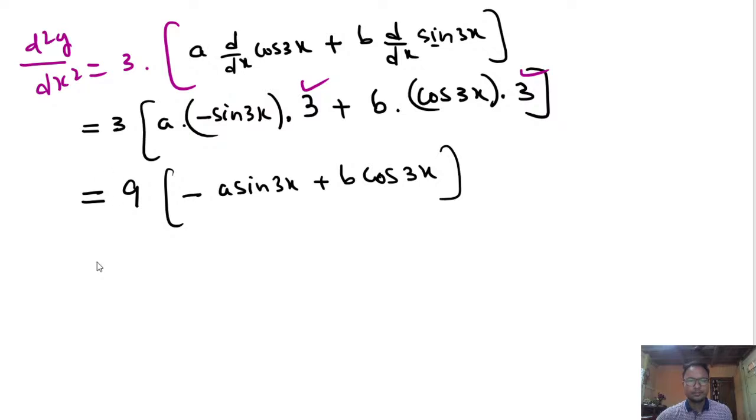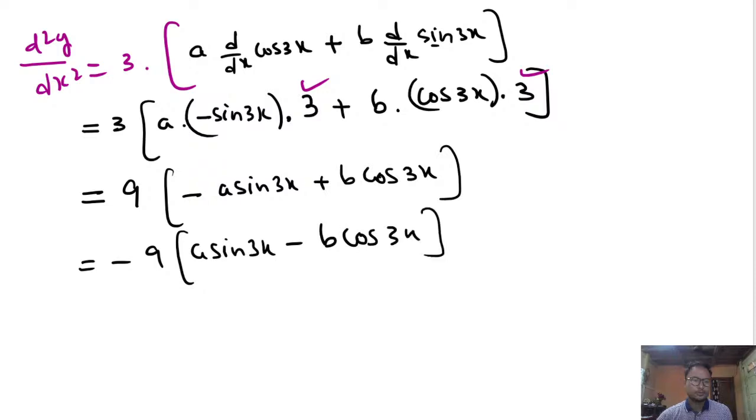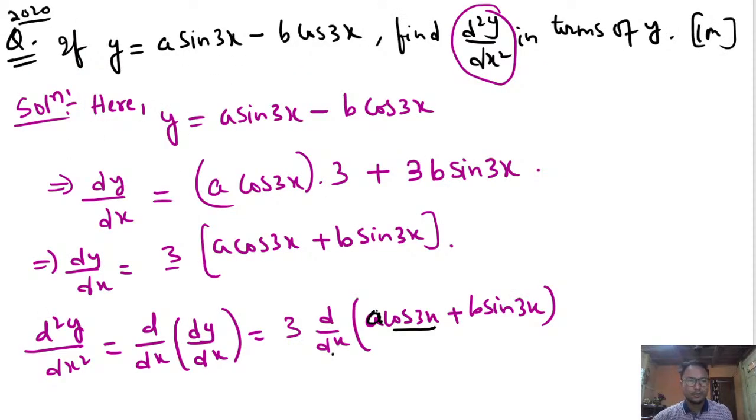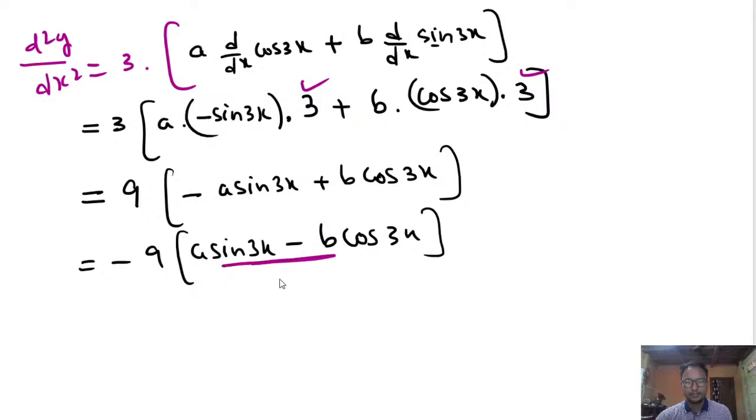Now take the minus common, so minus 9 times a sin 3x minus b cos 3x. Now we need d2y by dx square in terms of y. Here y is a sin 3x minus b cos 3x, so that is y. Therefore the answer is minus 9y, and that's your answer.